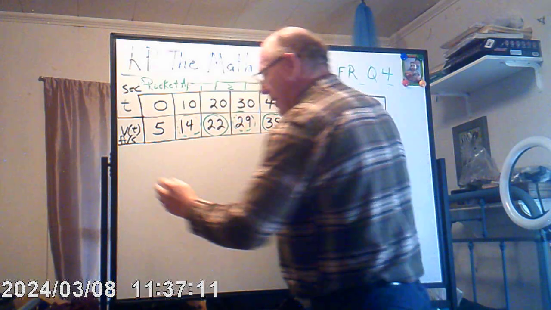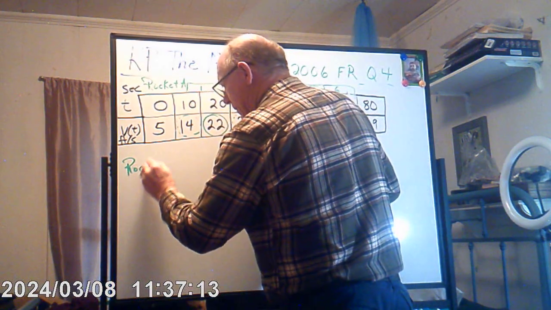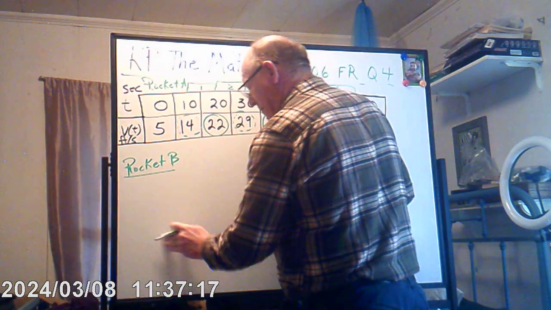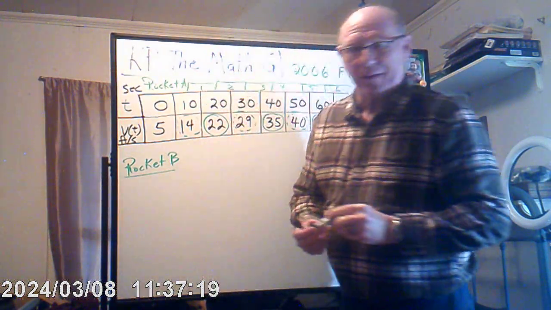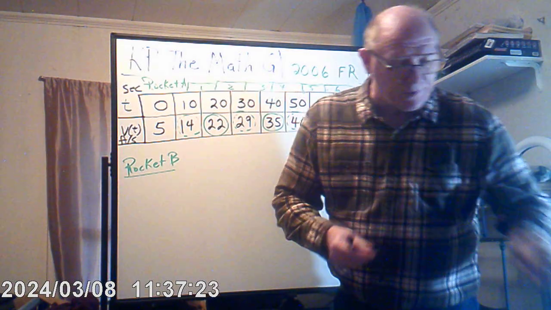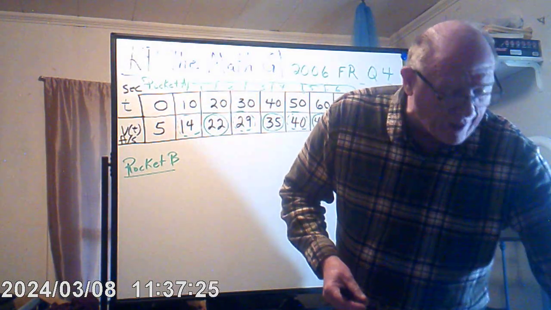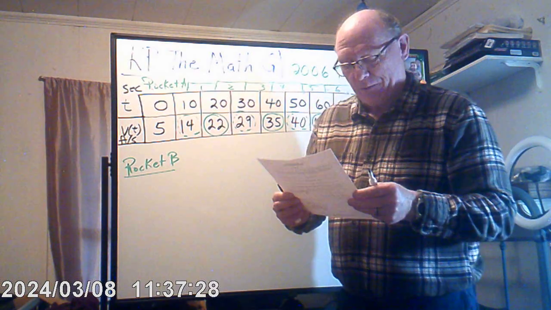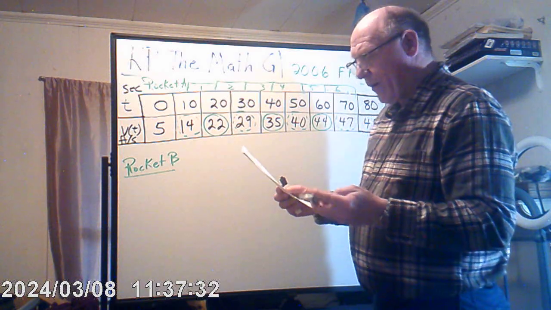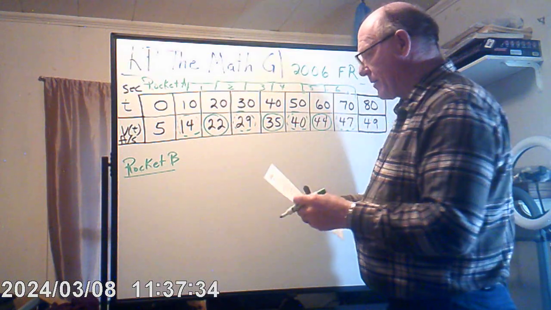Alright, rocket B. I was hoping I could just do a little crash course on that and kind of help you see what you need to do if they were asked for something else other than the midpoint Riemann sum. Alright, part C is rocket B.